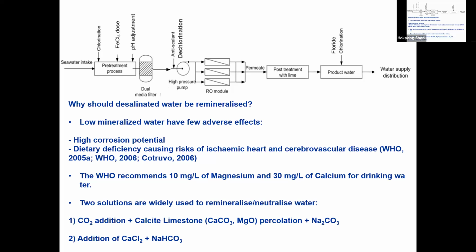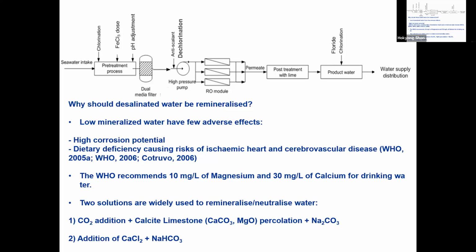Rainwater itself has no buffer solution, no minerals. So this is not a good water source, even though it's clean. Sometimes too clean is not good enough to drink, because nobody drinks distilled water or rainwater. They are easily contaminated, easily change the pH, and also make your pipeline very corrosive.